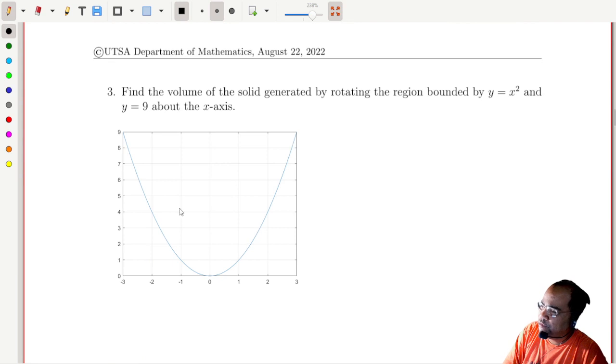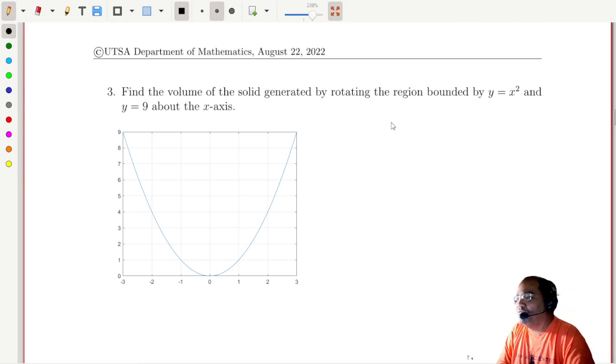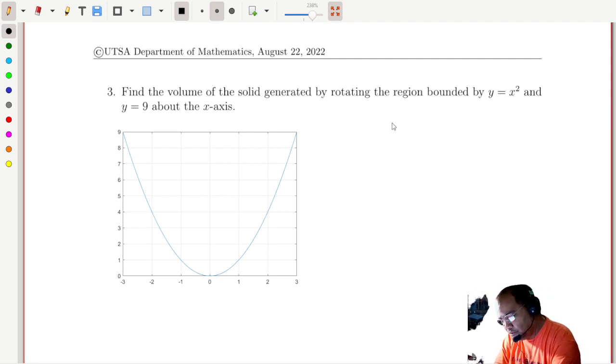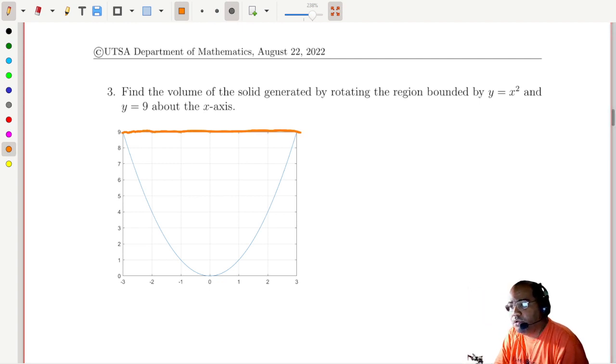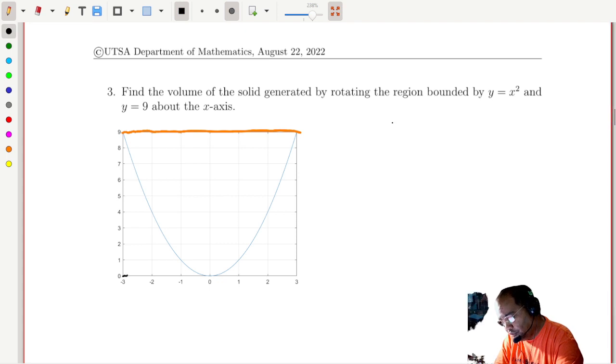One of our favorite shapes, a parabola. We have the parabola and the line y equals 9, so let's throw that in here. I'll throw that in orange, just really the top line here. And then we're going to rotate this around the x-axis, so I'll go ahead and bold where the x-axis is.